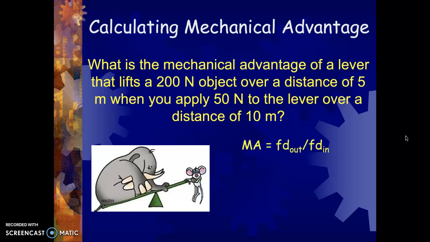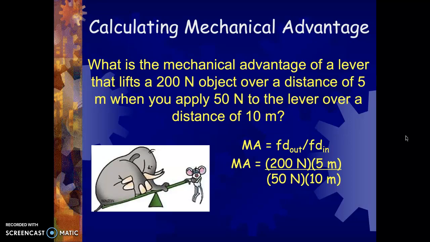So in this case, we've got to use MA equals FD out compared to FD in. Well, the force out was 200 newtons. The distance the object moved was 5 meters. We applied 50 newtons of force over 10 meters.